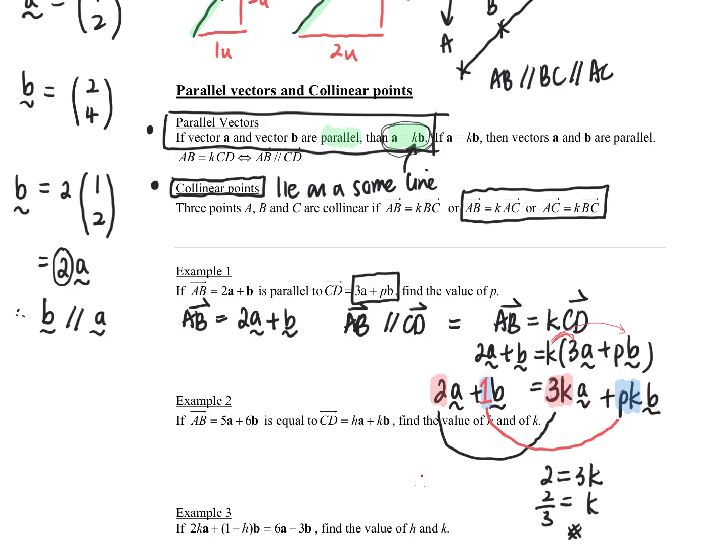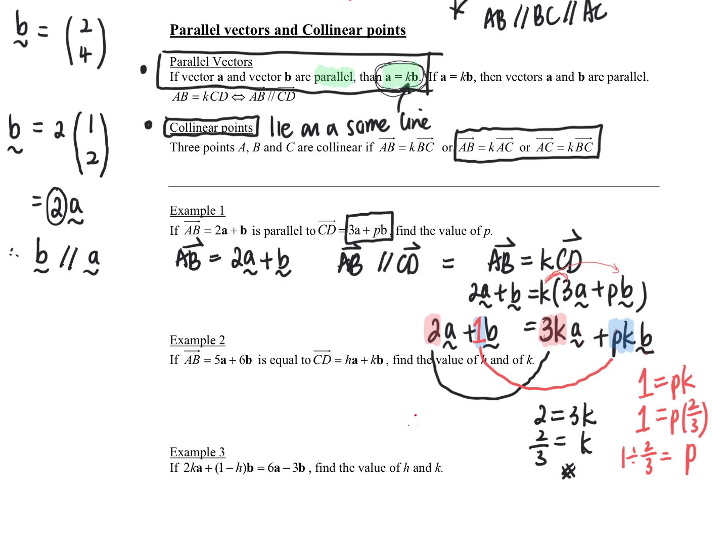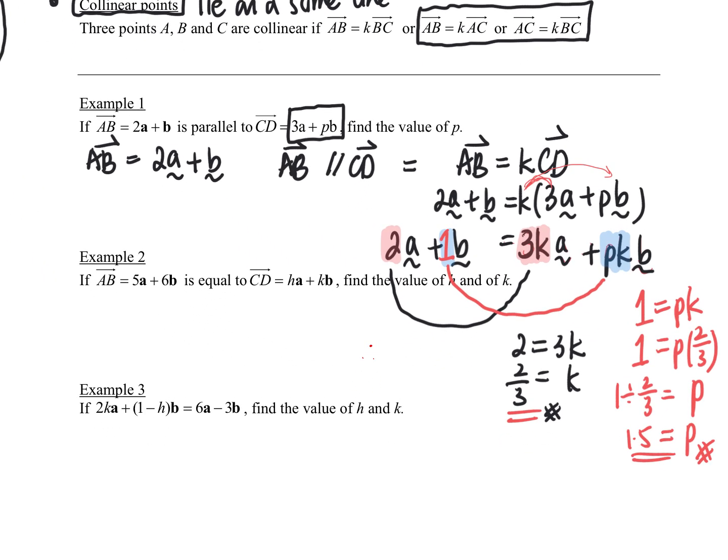This is 1, right? So 1 is equal to PK, and I already know K is 2/3. So I sub K as 2/3. Then P is just 1 divided by 2/3, which is 3/2. So this is how you solve. So you just compare each of them accordingly.